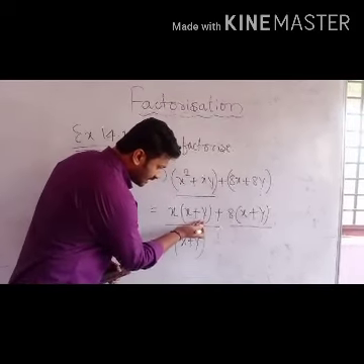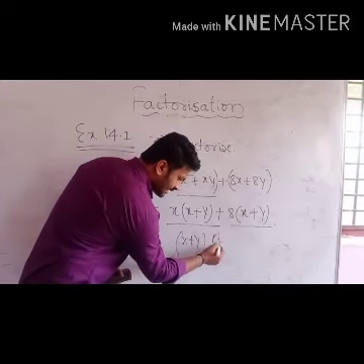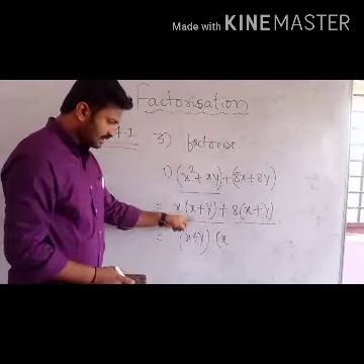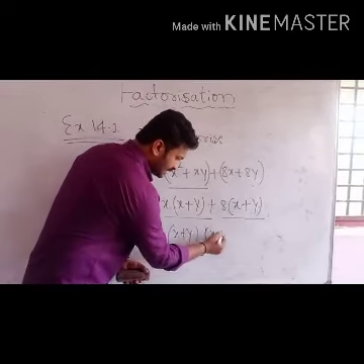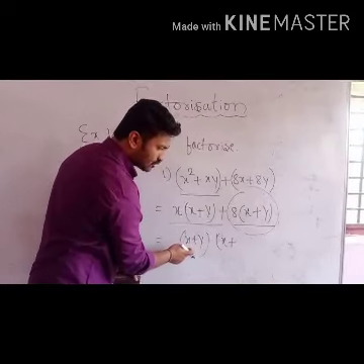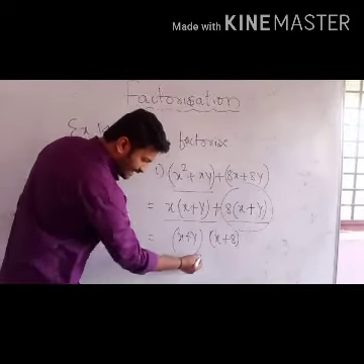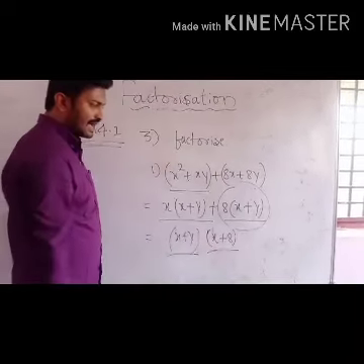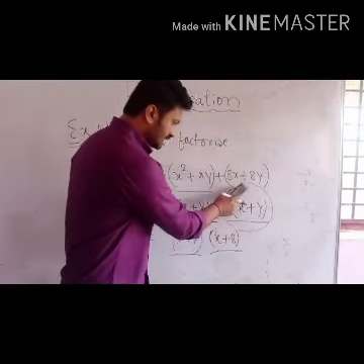Here already x plus y outside is there. What remains? X remains. This is the common and this remains. And plus in second term, in this whole term, x plus y already outside. What remains? 8 remains. Then x plus y and x plus 8 are the factors of this, okay, polynomial.